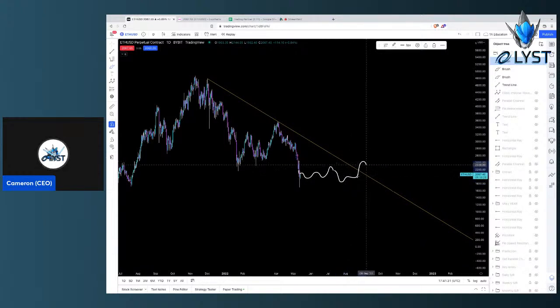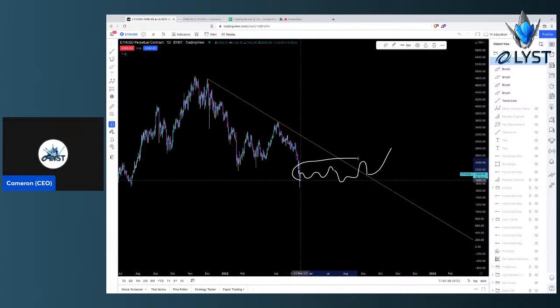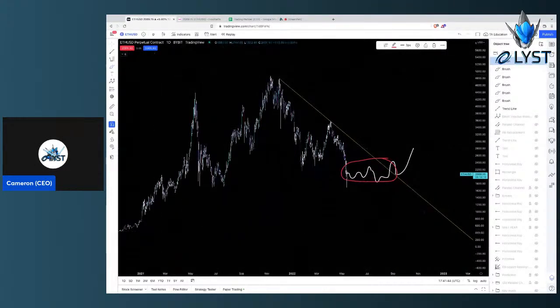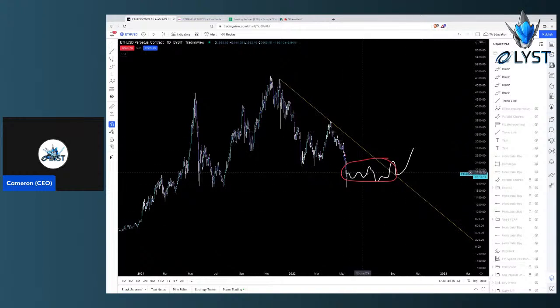But then we break this, we get our bump, and we get our run, essentially, right? And so hopefully we're entering into the run stage of the bump and run. I'm using these terms interchangeably. We'll talk about this. So I guess that's basically it.